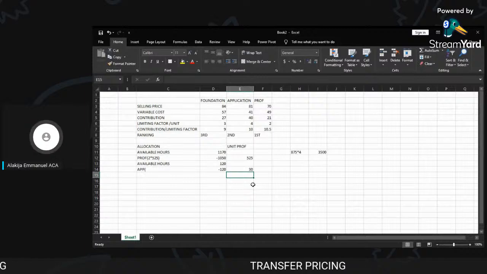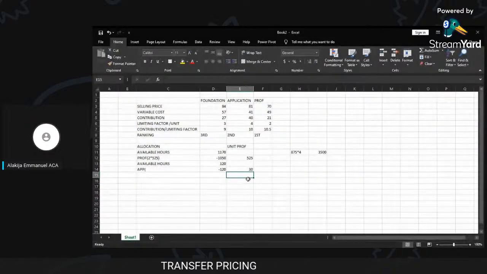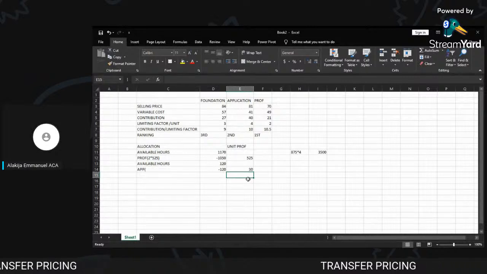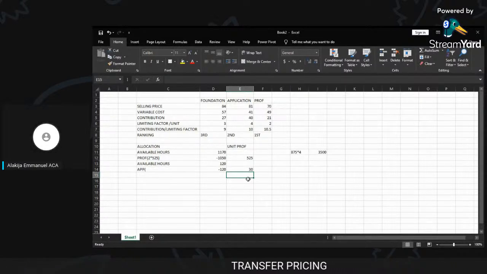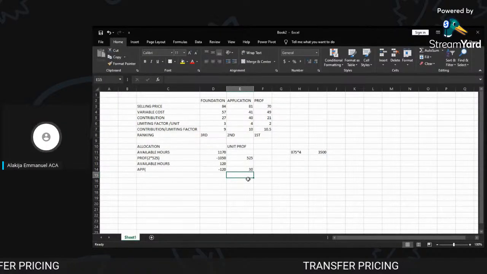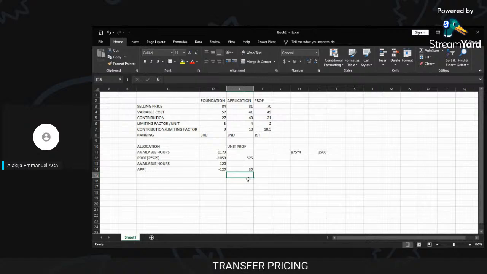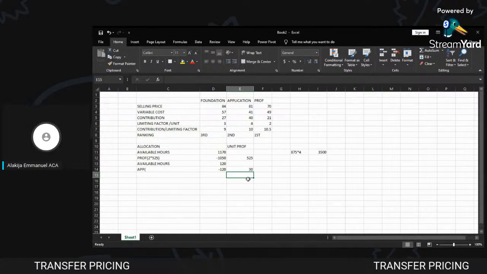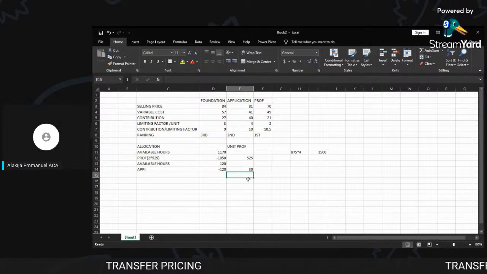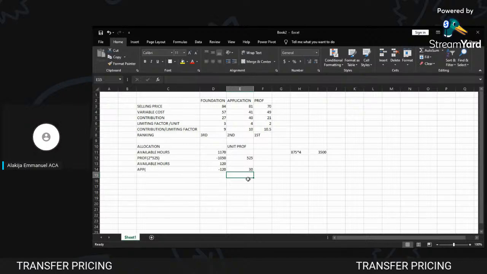The internal demand required for transfer is 30 units of application, and it is this same 30 units that application can produce, which simply means that everything being produced by application is needed by the leverage division, and the external demand of application is 875, which means application is even yet to meet its external demand, and there is an internal demand.